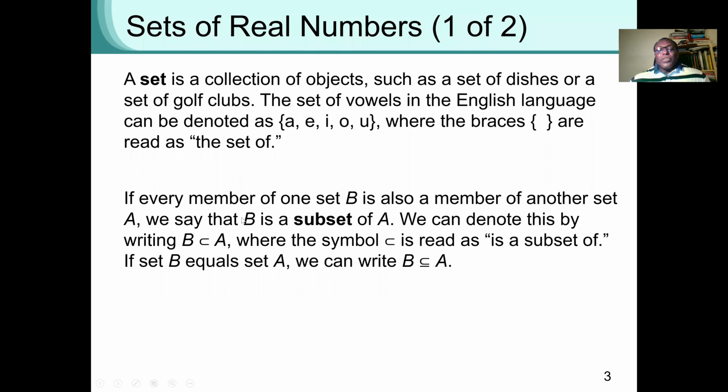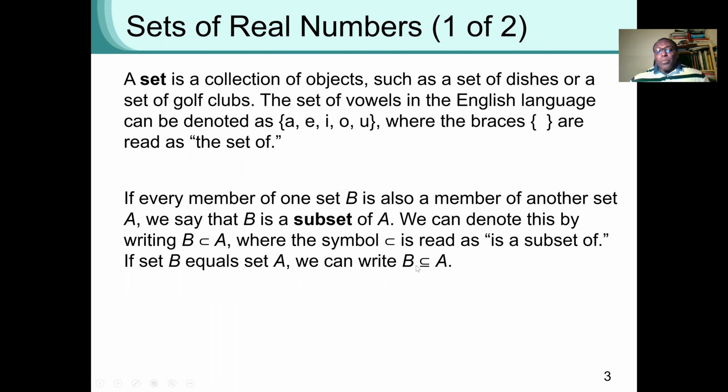So here we say that if every member of one set B is also a member of another set A, then we say that B is a subset of A. What we mean is that if any item in set B is also in set A, then set B is a subset of set A. And normally we use a symbol, a C with an underline, which is read as "is a subset of."